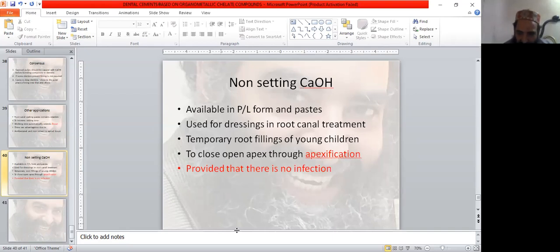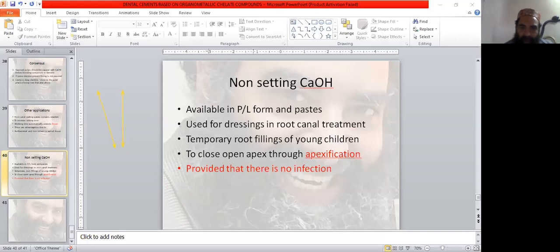And now, what is apexification? We can see in children, they have wide open root openings.